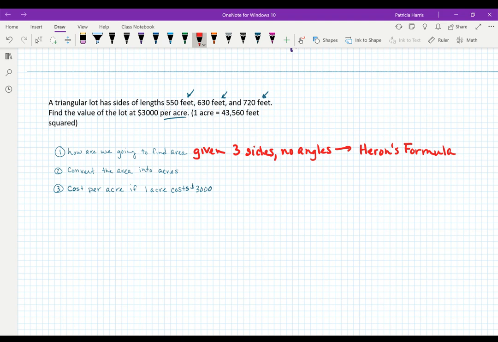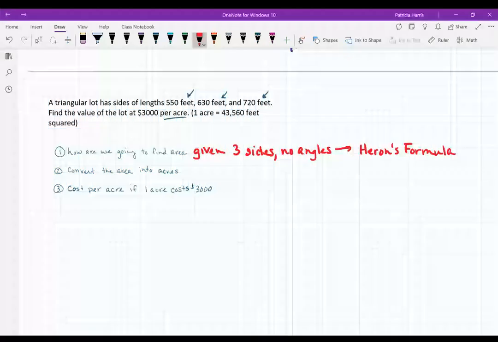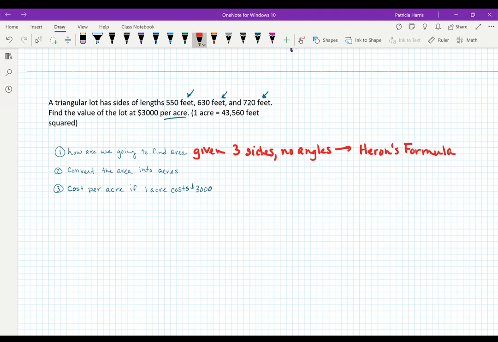The reason I'm not going for base times height divided by 2 or 1/2 AB sine of C is because I don't know anything about angles. I have this formula that uses all three sides, and I need the area. I really don't need the angles. So let's go find it.